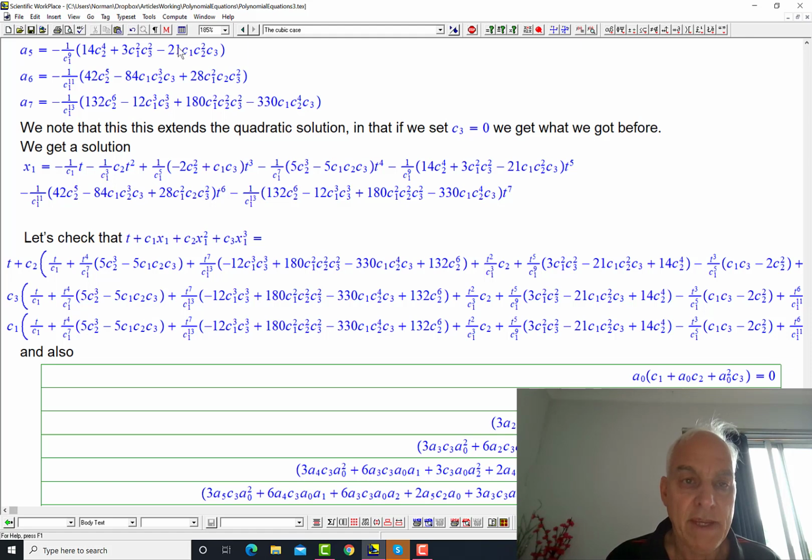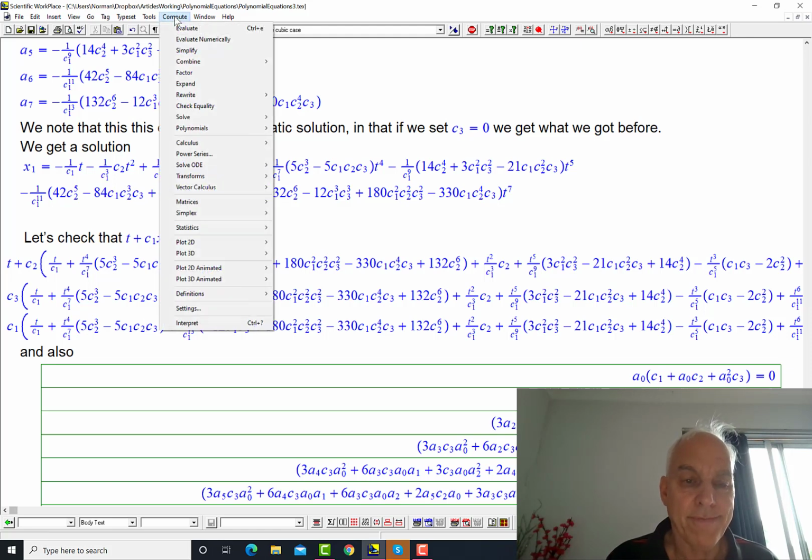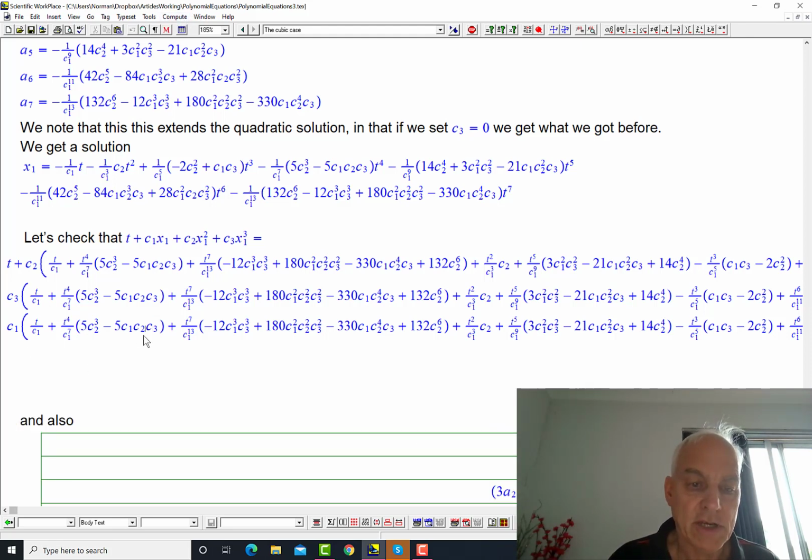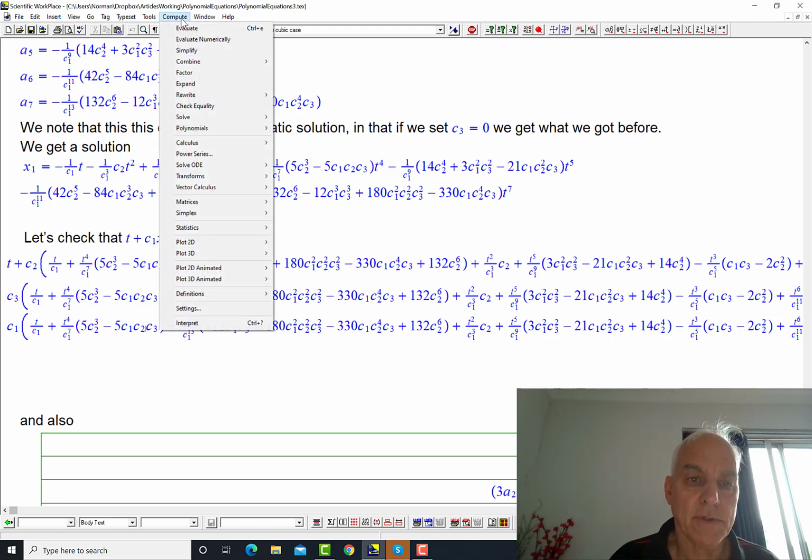But to make life easier here, I'm going to restrict to all our terms of degree 7 or less in t, so that we don't have to worry about all those higher powers of t, which would make this blow out. Actually, maybe let me illustrate that. Let's just, for fun, make a little bit of space here. Let's just expand this out. Okay, compute expand.